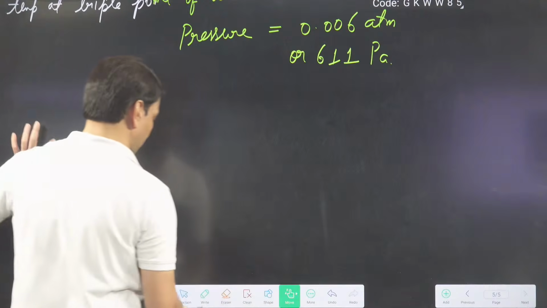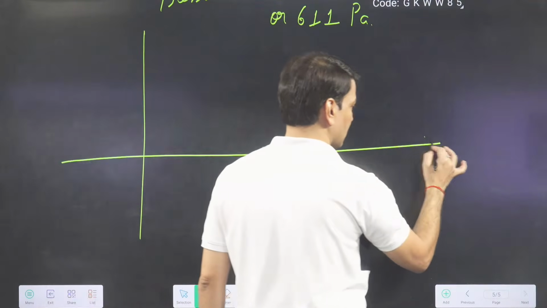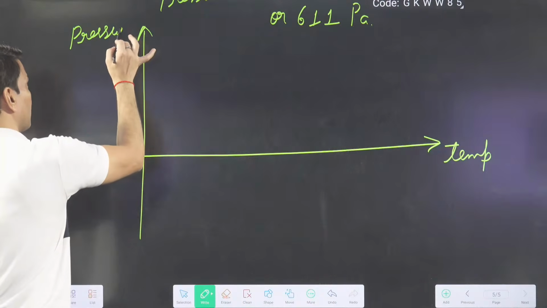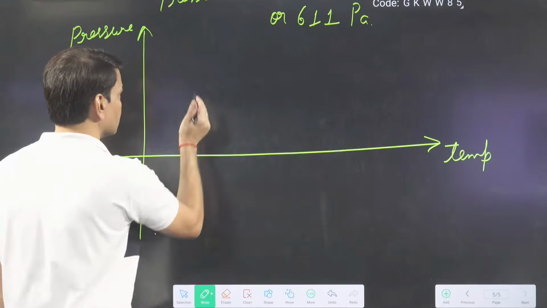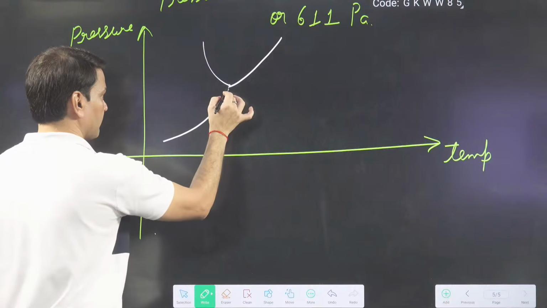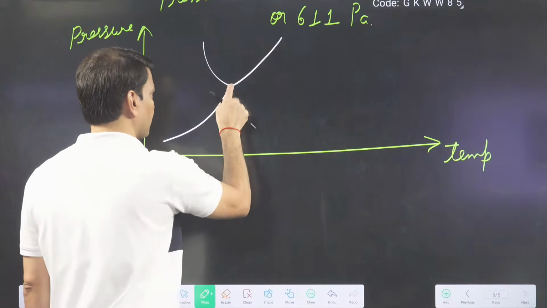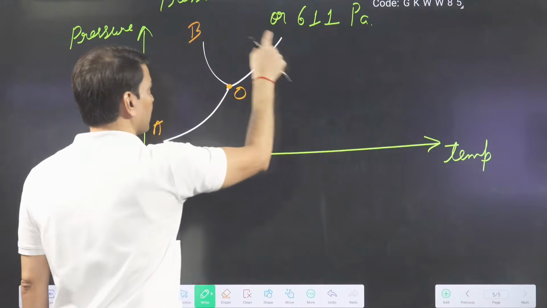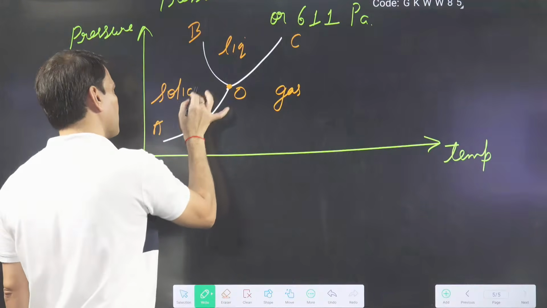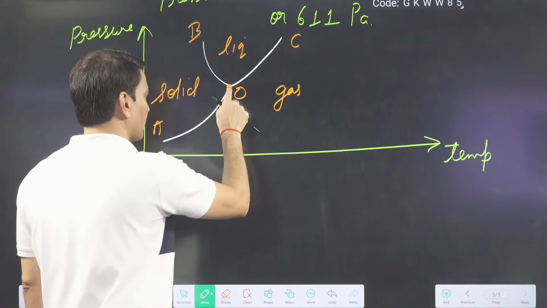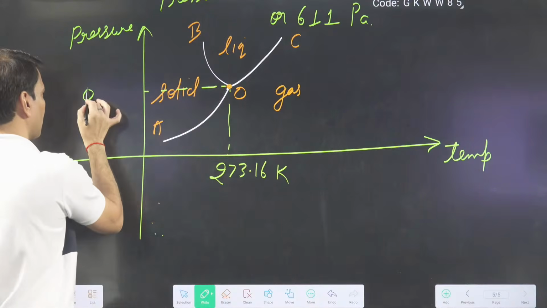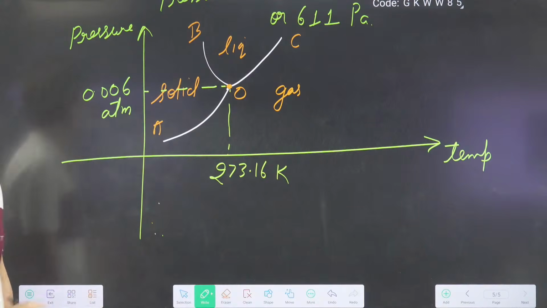Okay, now I am making the triple point graph. Okay.